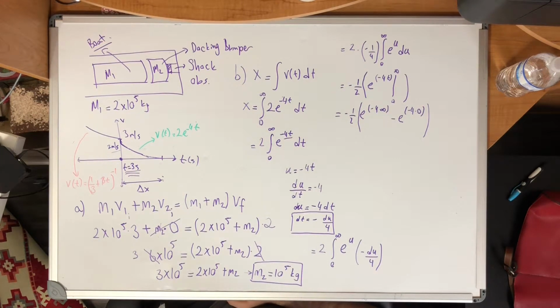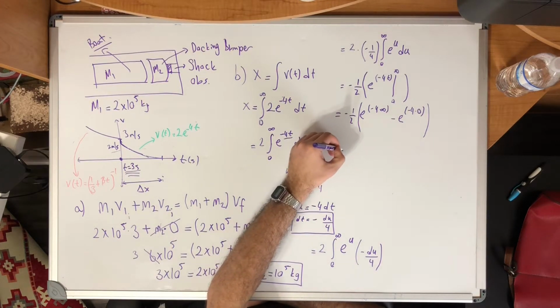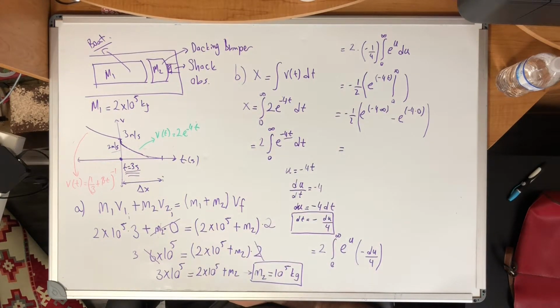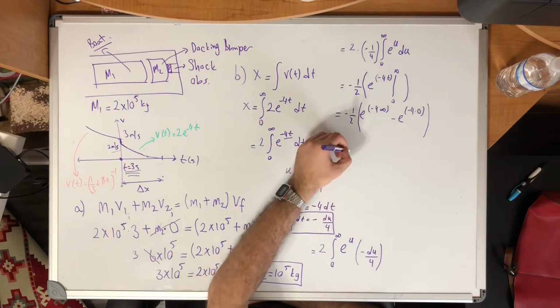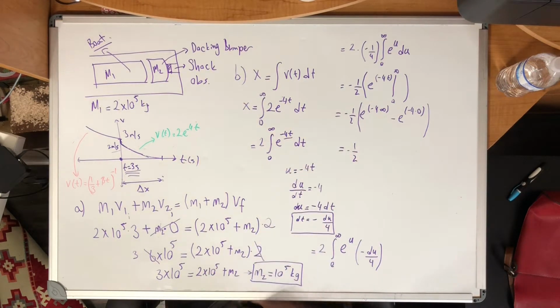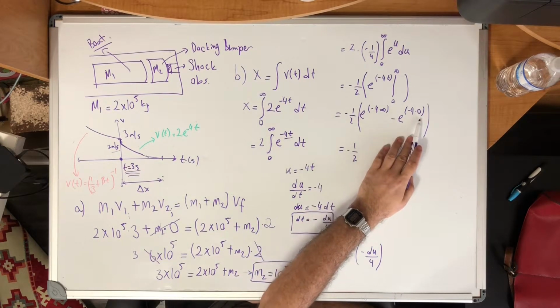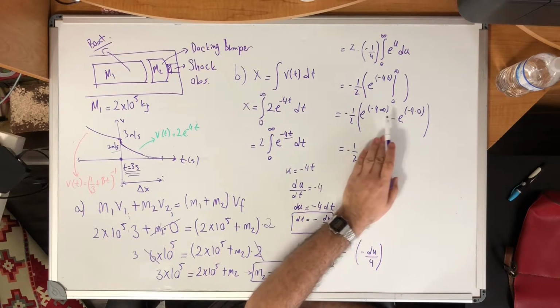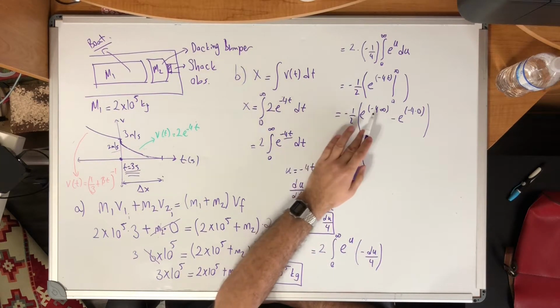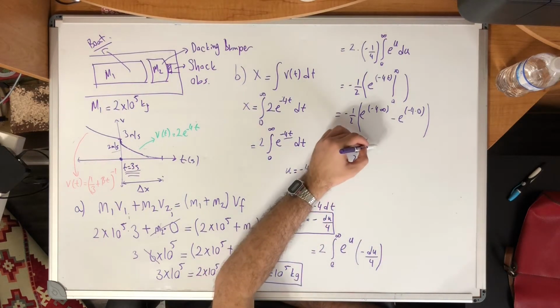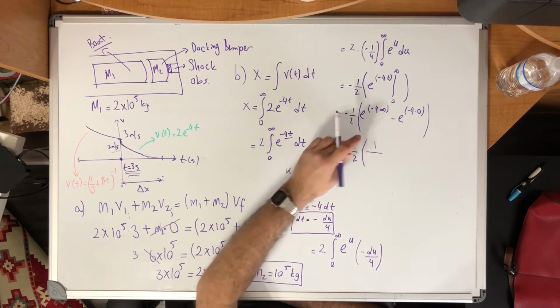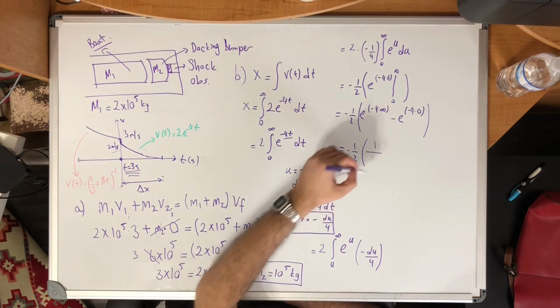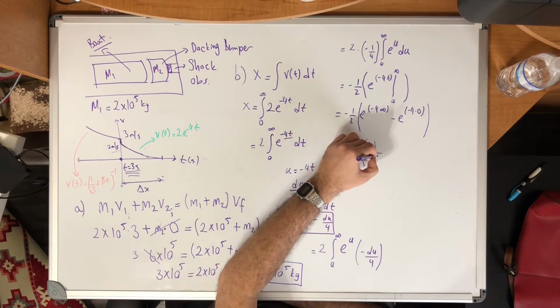So now, what do we have? This is going to be equal to negative 1 over 2. Alright, this is going to be easy because negative 4 times 0 is 0, so e to the power 0 will be 1. And this is a negative power, and 4 times infinity is again infinity, so it's going to be e to the power infinity.